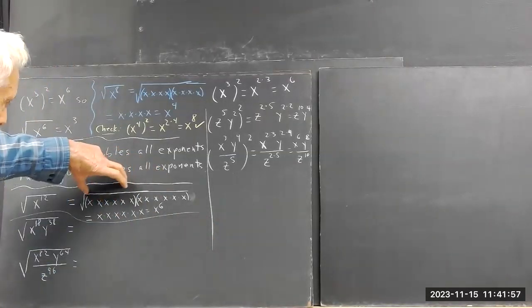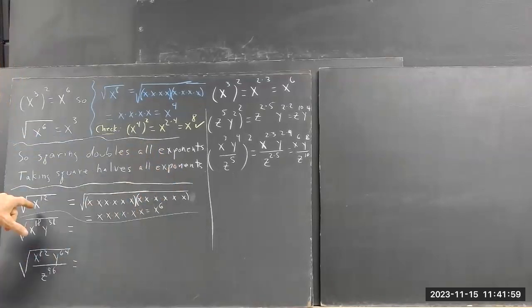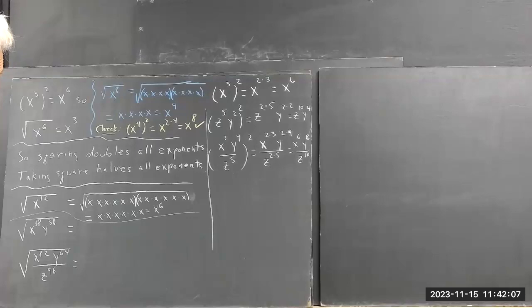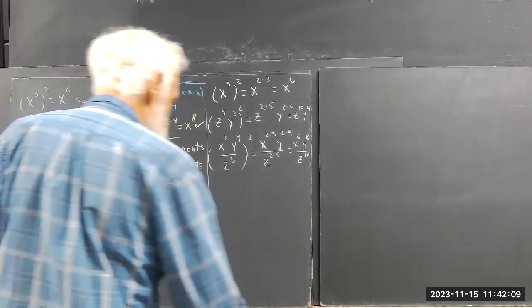If this times this equals x to the 12th, then the square root of x to the 12th is going to be half that group. Half the big group. And we check.